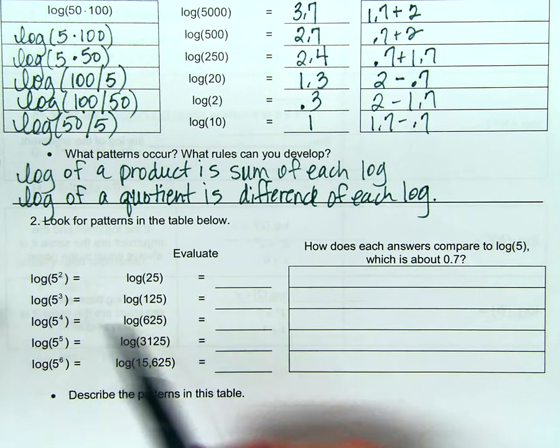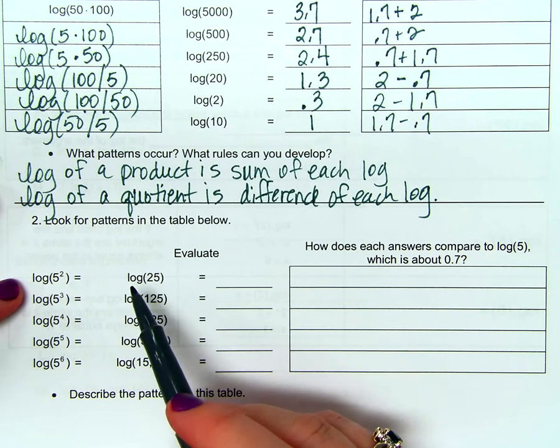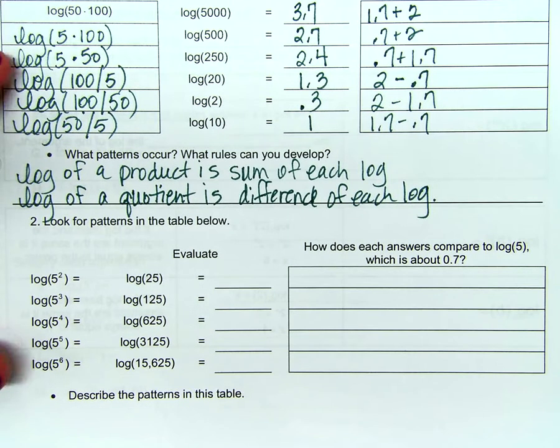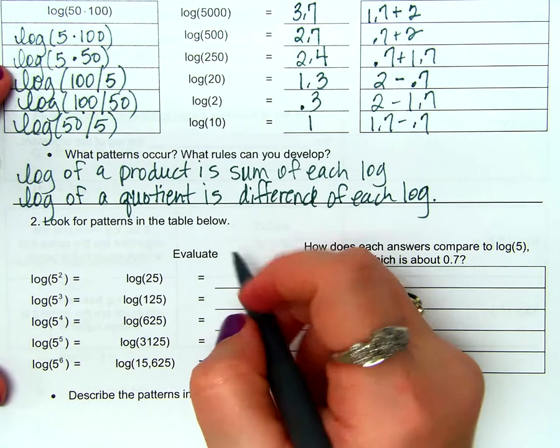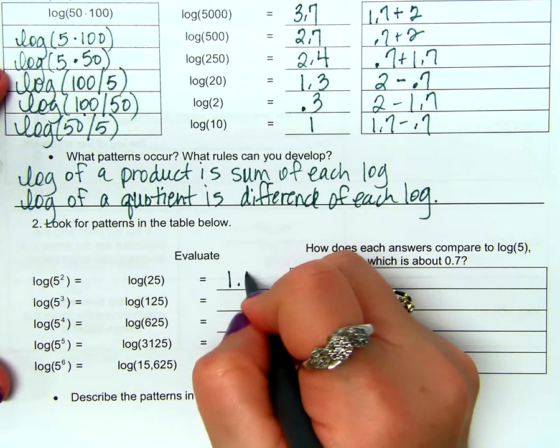Okay? So, log of 5 squared, doesn't that equal the log of 25? What is the log of 25? Okay, time out. She's not the only one with a calculator. Everyone else should be putting in log of 25. 1.4.